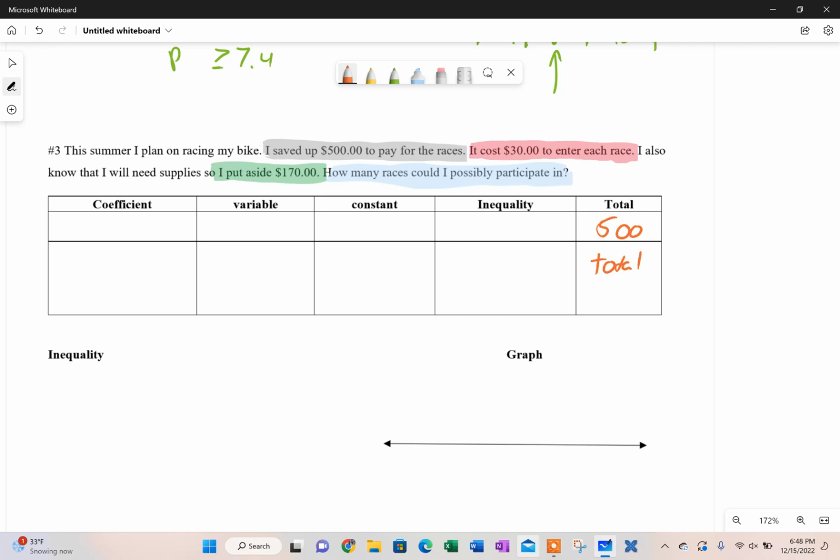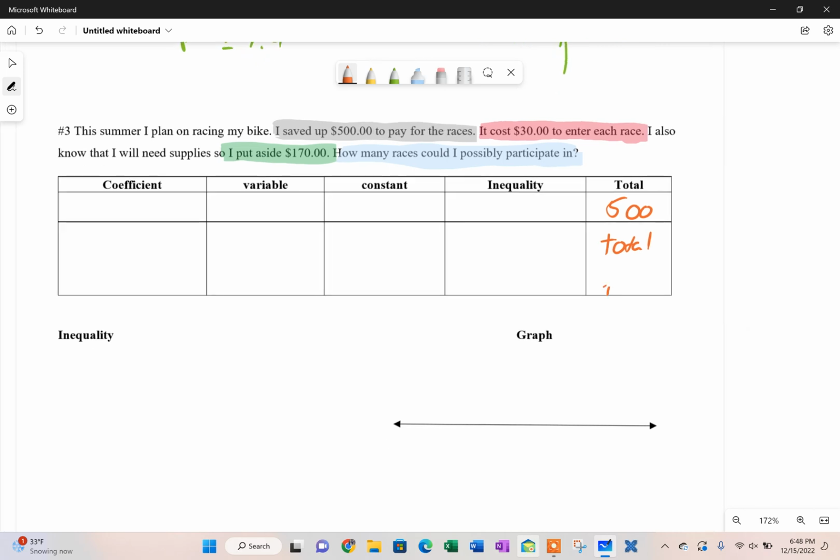Total to spend. Now, I can spend less than that. What am I saying? Less than or equal to. I could spend $500 or less. Now, I have to put $170 to the side for my supplies, right?